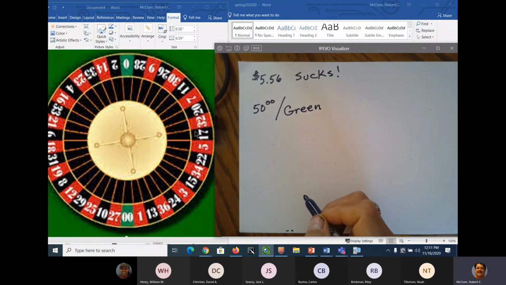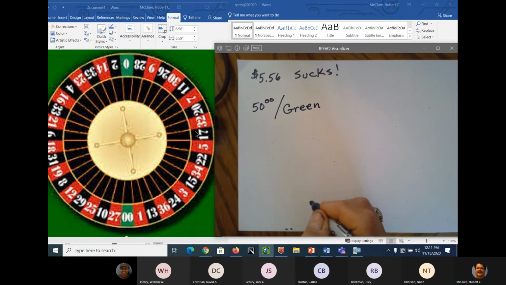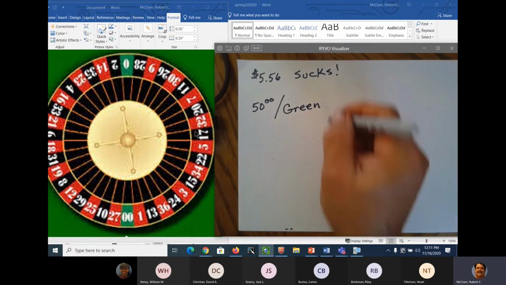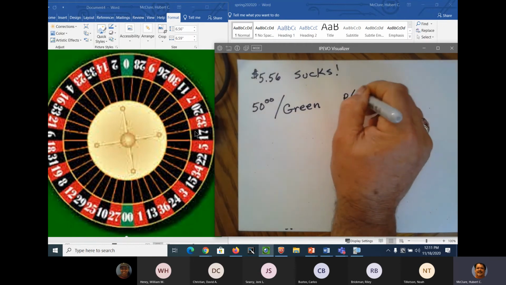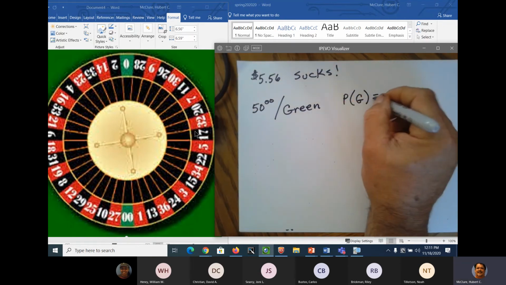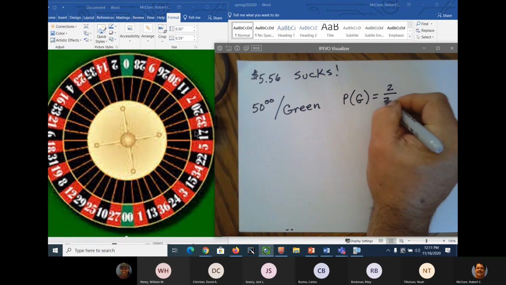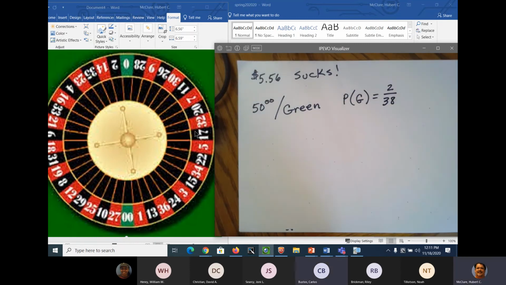All right, I want you to do that one. I'll even give you a start off. The probability of green is 2 out of what? 38. Okay, take off. I want you to do the whole problem. I want you to find the odds against. I want you to multiply that by $50 and see what you get, and then we'll do it together.